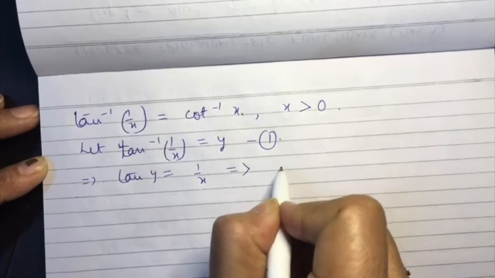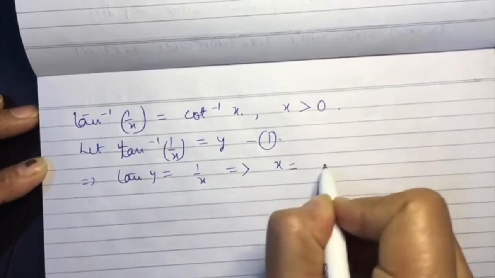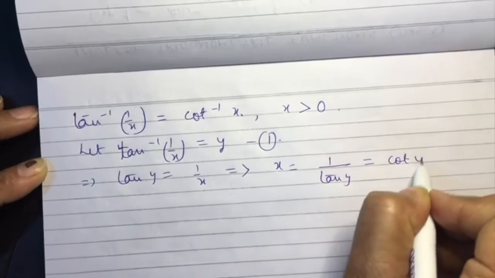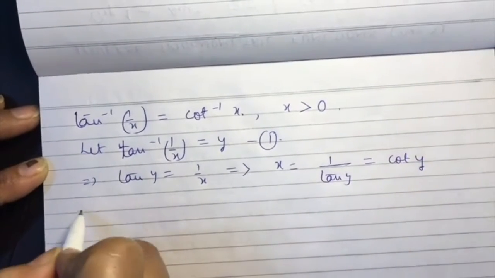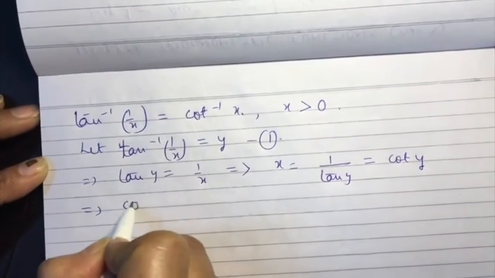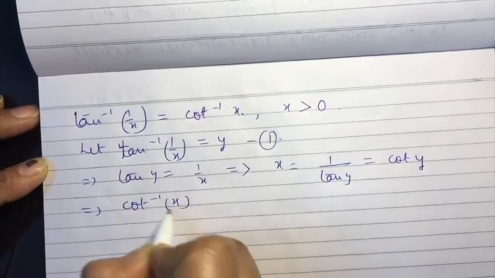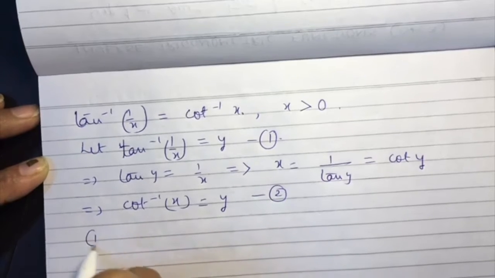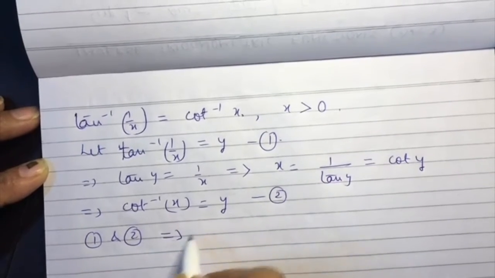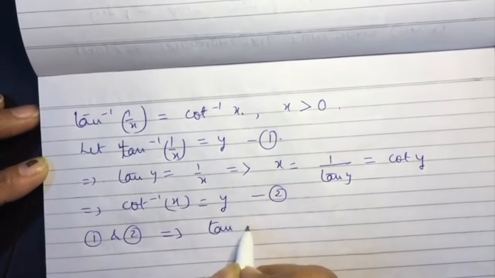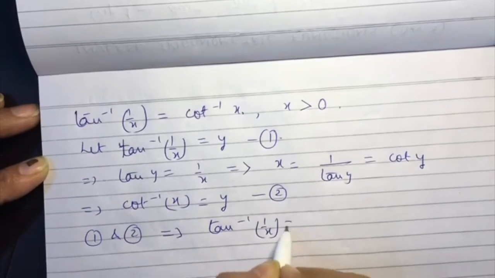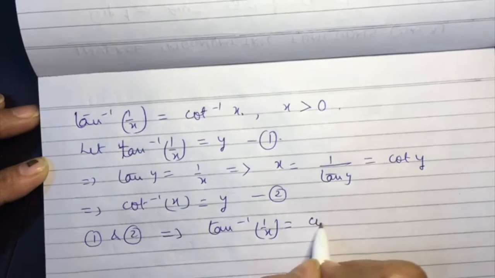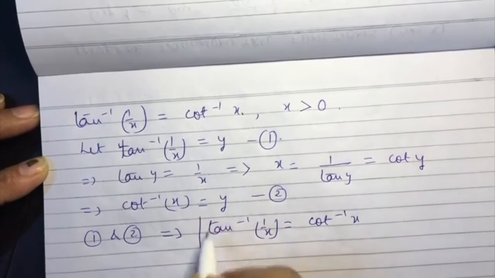This gives us x is equal to 1 over tan y, which is cot y. This gives us cot inverse x is equal to y, call it 2. From 1 and 2, we get tan inverse 1 upon x equal to cot inverse x.